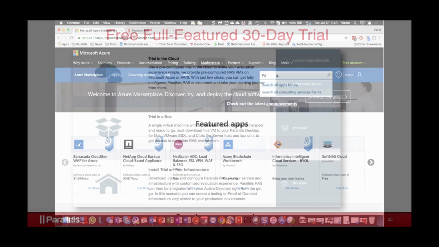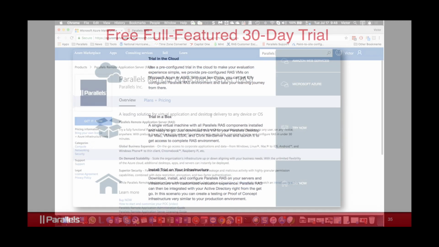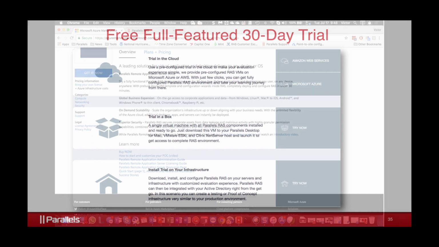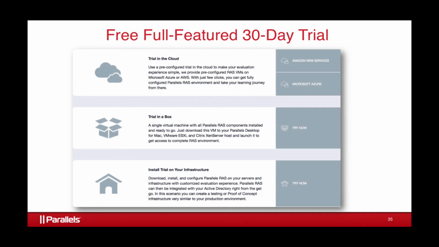So we search for Parallels, and here you can get started. We provide videos and guides on how that can be used. If you use our Citrix migration tool, that can also be used inside this particular subset to move your settings from one farm to another.